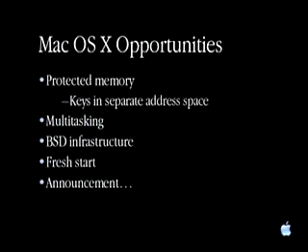Okay, so some of the opportunities that we've been able to really leverage with OS X that we never had available to us before. Probably the biggest thing is protected memory. We can have memory that's in a particular process, and unless you have root access, you can't actually see that memory. You can't really get to it.